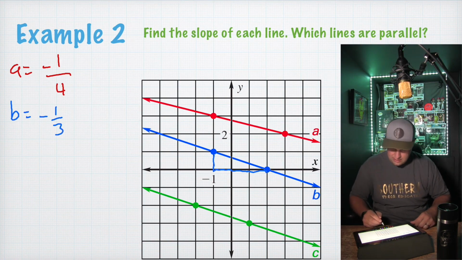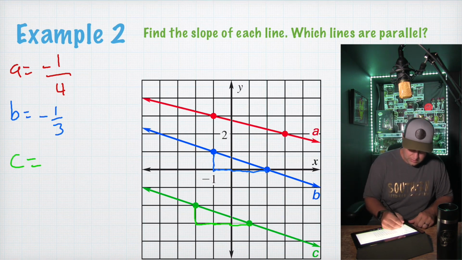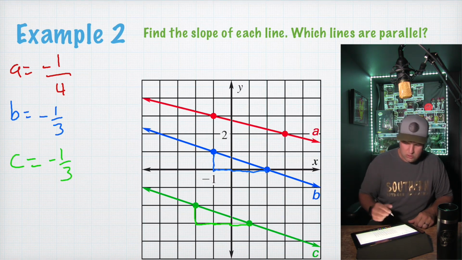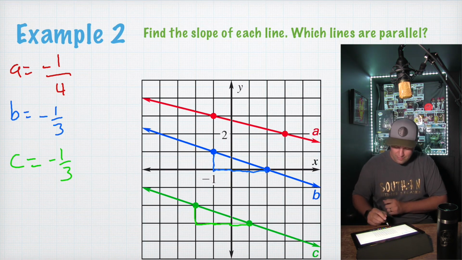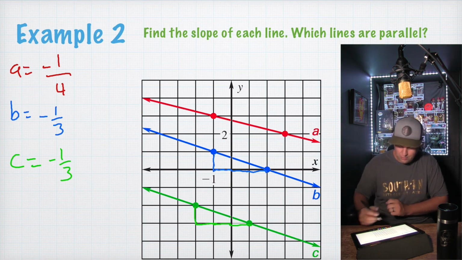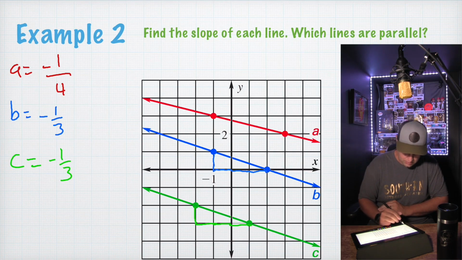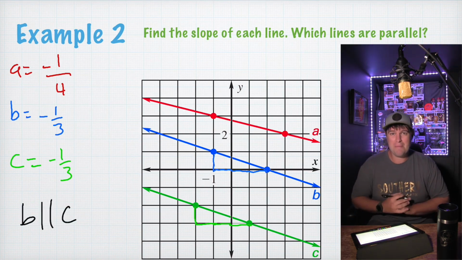Okay? And C goes down 1 over 1, 2, 3. So the two lines that are parallel are going to have the same slope. So B is parallel to C. Not a bad example.